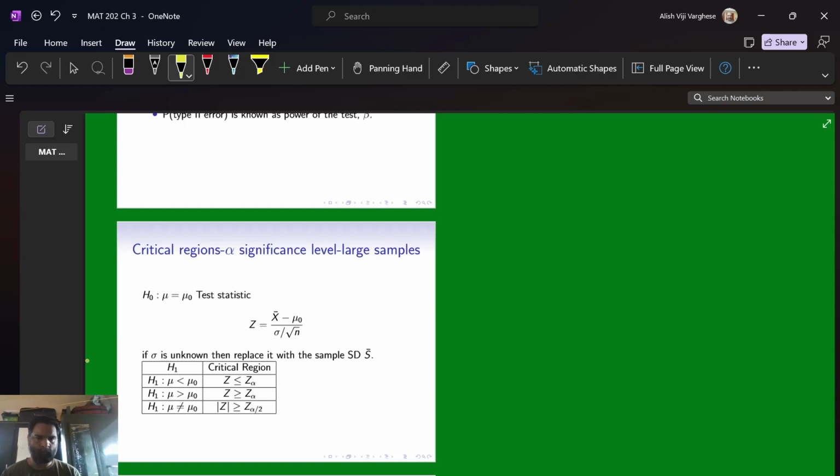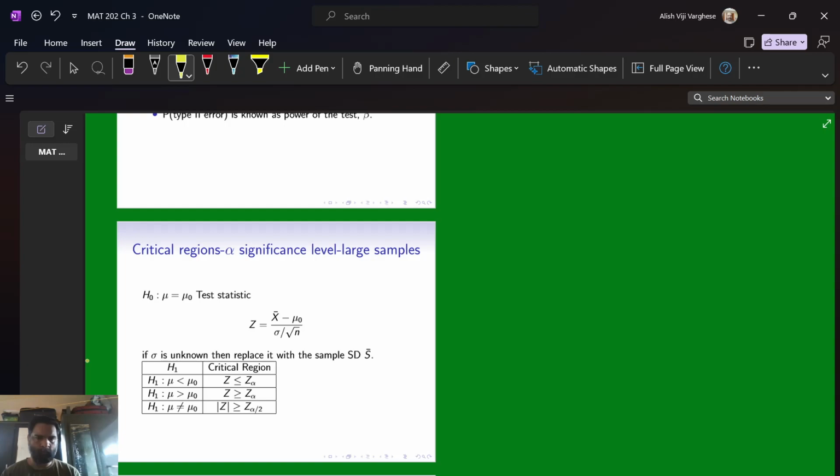So the important things are: which is the test statistic, which is the alternative hypothesis, and which is the associated critical region. Those things should be identified first. Then calculate the value of X bar and then z. Here mu naught is the value of mu against which we make the test, H naught: mu is equal to mu naught.